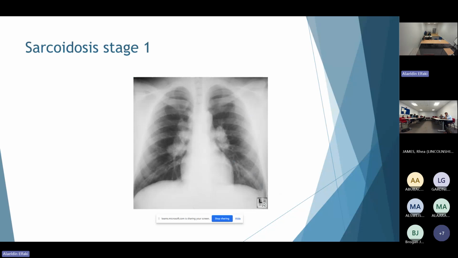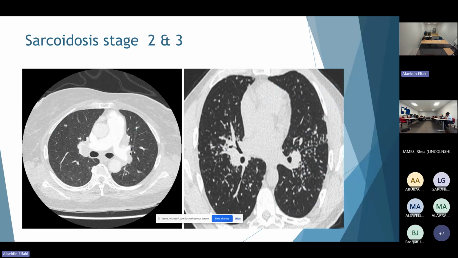This X-ray shows bilateral dense hilar lymphadenopathy and clear lung parenchyma, so this is stage 1 sarcoidosis. In stage 2 sarcoidosis, as we know, there are hilar lymph nodes or mediastinal lymphadenopathy present in addition to some parenchymal changes or nodular changes, as we see.